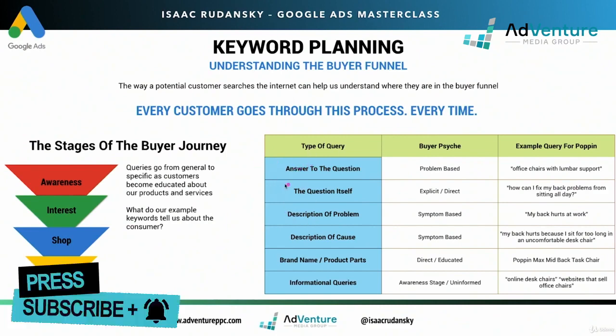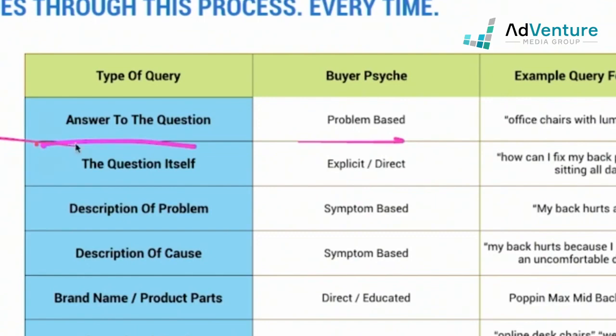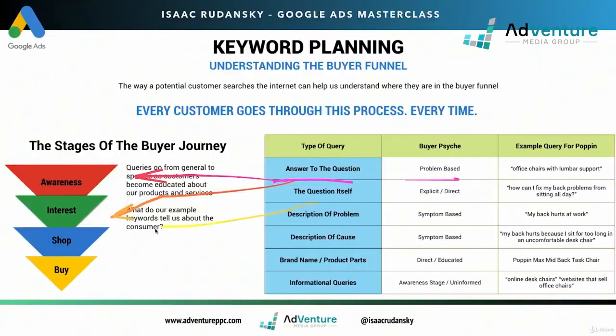The type of query or the buyer psyche doesn't necessarily relate to any one of these specific buyer's funnel stages every single time. It's not as if the question type of query is always going to match up with the shop stage of the buyer's funnel, or informational queries will always match up with the awareness stage, for example. That's not the case. You have to be able to assess everything on a query by query basis so you can understand where they fall in the stage of the buyer's funnel.